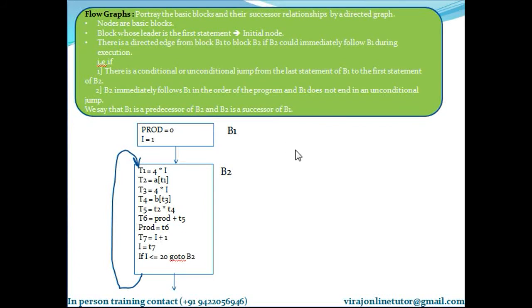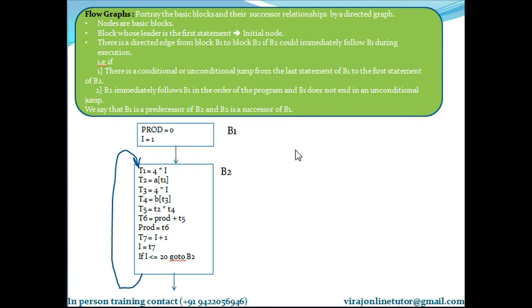Now let's learn the new concept called flow graphs. Now that we know how to construct the leaders and the basic blocks, we'll learn the flow graphs. Flow graphs portray the basic blocks and their successor relationships by a directed graph. For flow graphs, the nodes are the basic blocks.